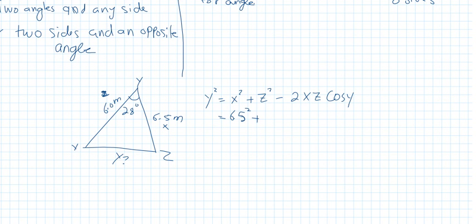When you're entering this in the calculator, you either have to enter it all together as you see it, or you have to enter this by itself, write it down, this by itself, write it down, and this whole thing by itself, write it down.